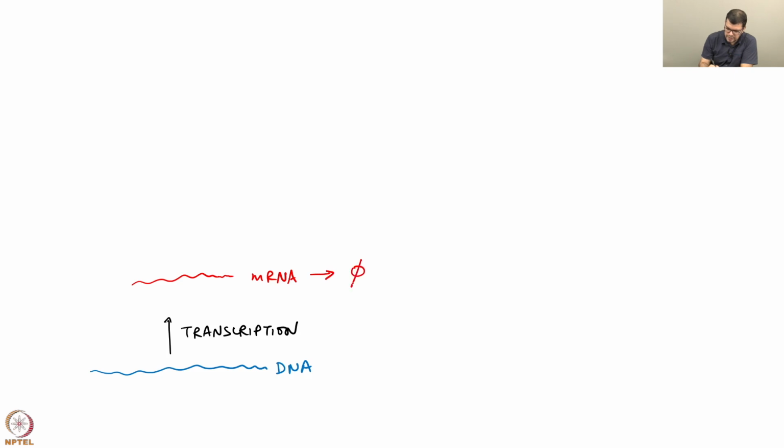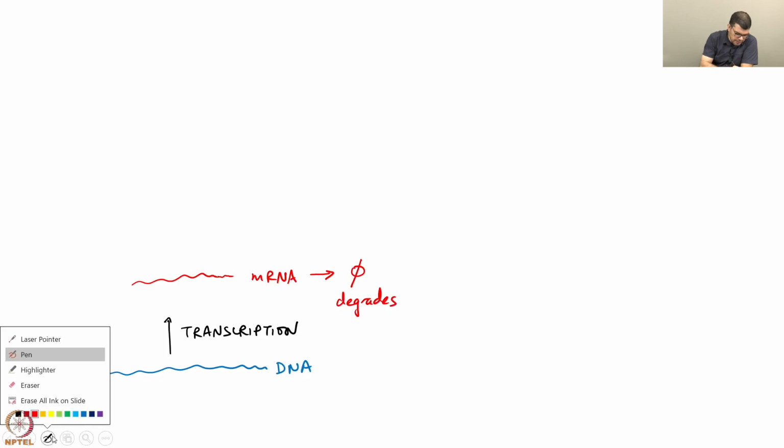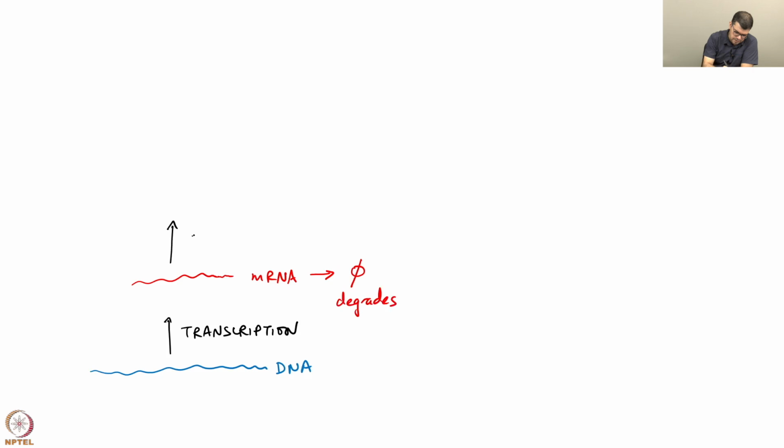This mRNA degrades and there is a certain half life associated with it, but it is also going to get translated, which will lead us to an amino acid chain, and this is going to fold into protein.